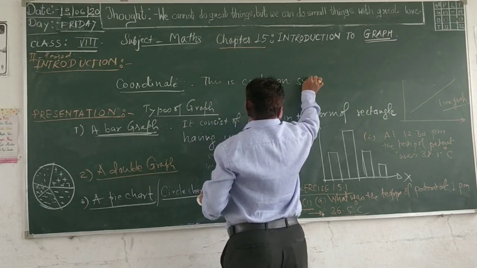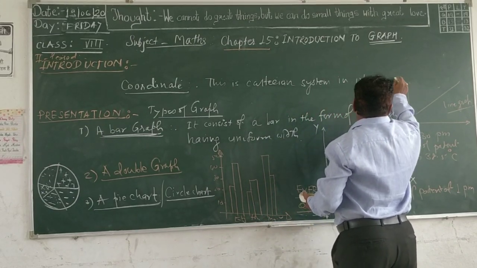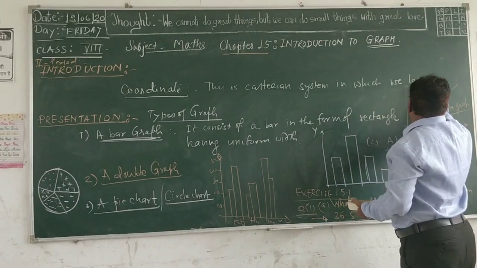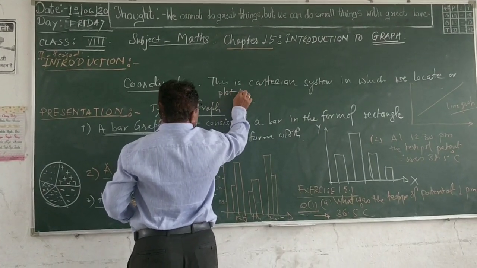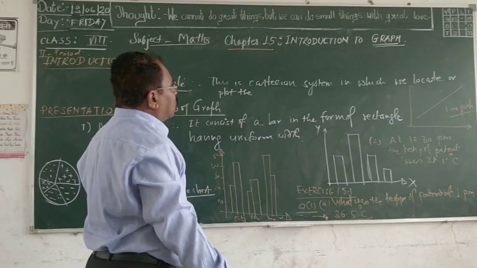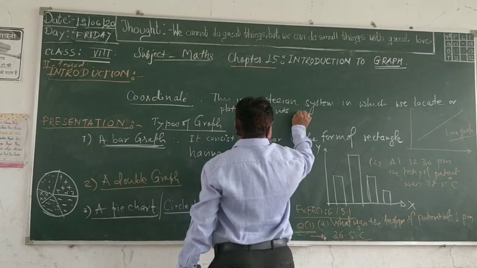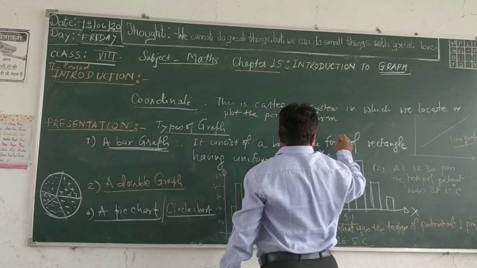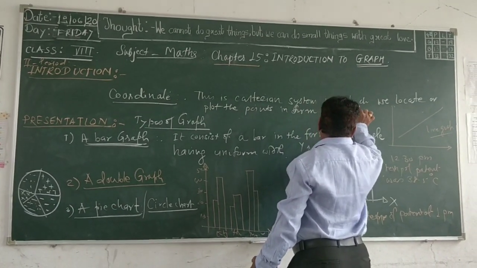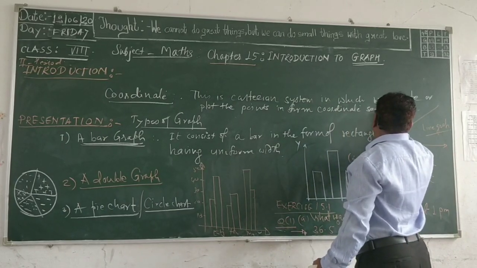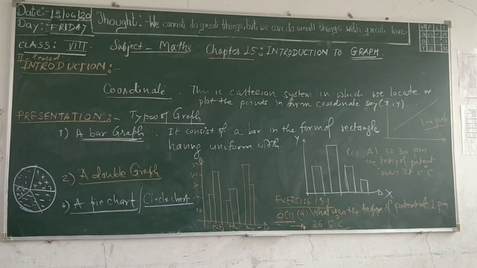This is a Cartesian system, in which we locate or plot points in the form of coordinates, say x, y.